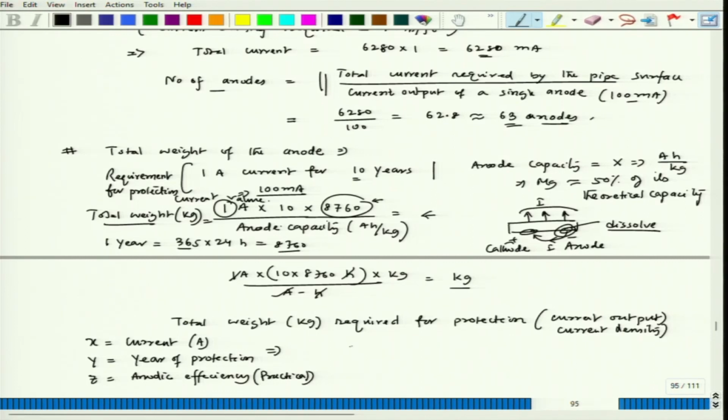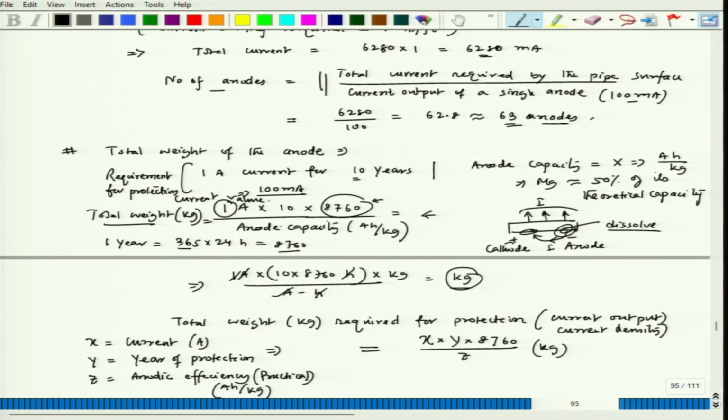So, then we can put the formula: kg is equal to x y into 8760 divided by z, and this is in terms of ampere hour per kg. And in fact, if we look at this, we are just operating with the units, and that is what we are left with, kg. So, if you do that, this is in terms of kg, you will get it.